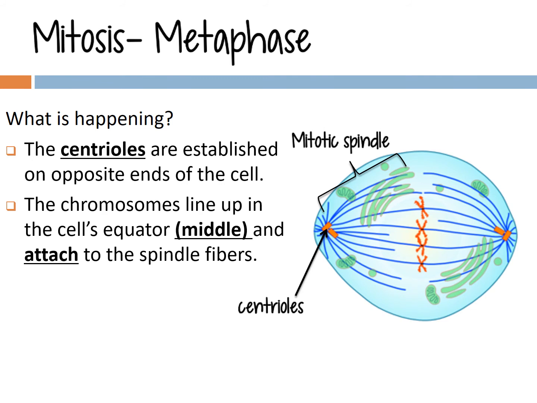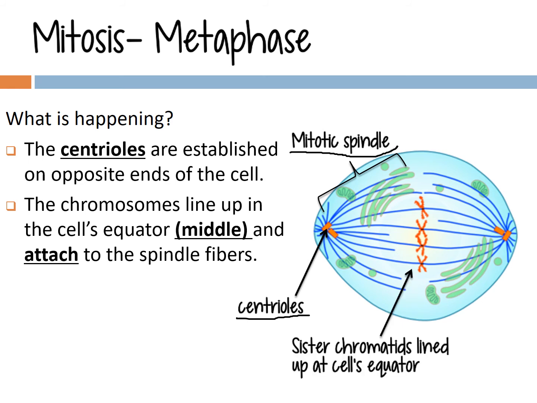And right here you have your mitotic spindle, and you have your centrioles. Those are the two parts you need to identify, and then it's pointing to the sister chromatids lined up at the equator. It's very important that you document in your pictures what it is you're looking at.